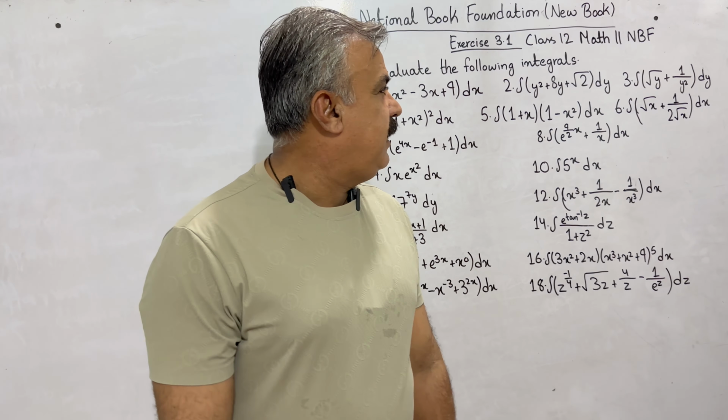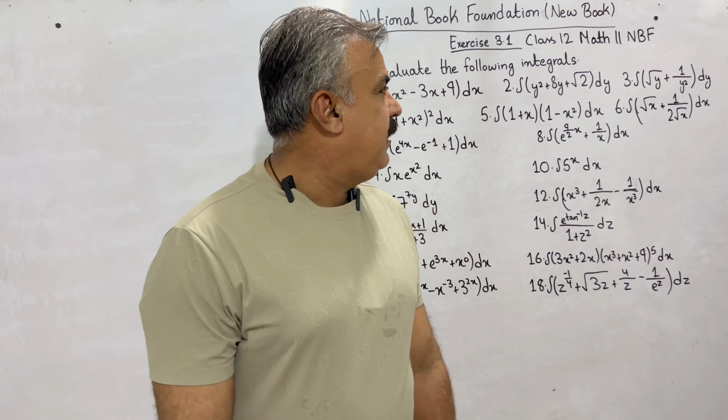Going towards question number 2, it's also simple integration because we are in a position to multiply the integral symbol and dy throughout. What I have: y square plus 8y plus root 2, times dy. Simple integration: y square dy plus 8 times y dy plus root 2 times dy. Simple. Add 1 to the power, divide by the same.